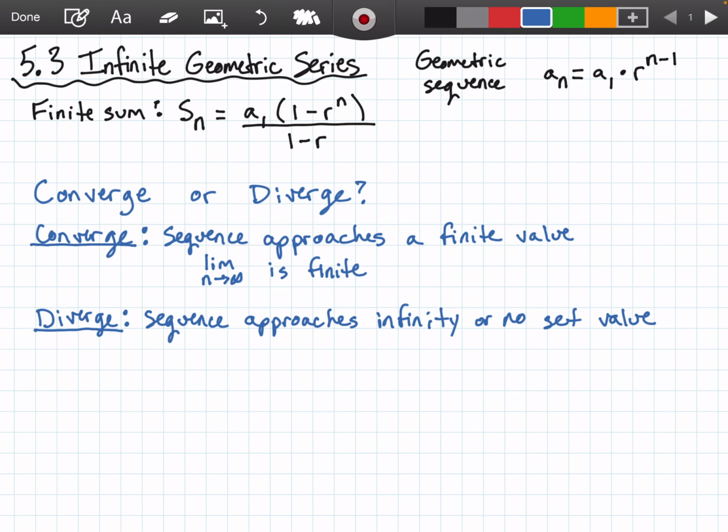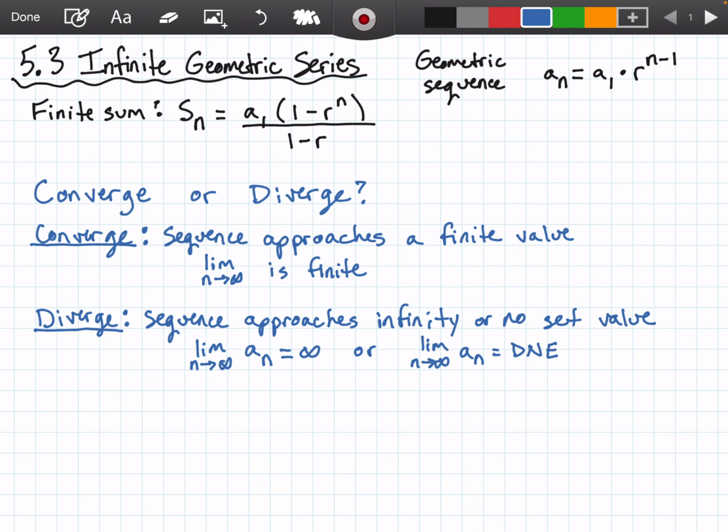A sequence will diverge if it approaches infinity or no set value. So the limit as n approaches infinity of the sequence equals infinity, or the limit as n approaches infinity of a sub n does not exist.